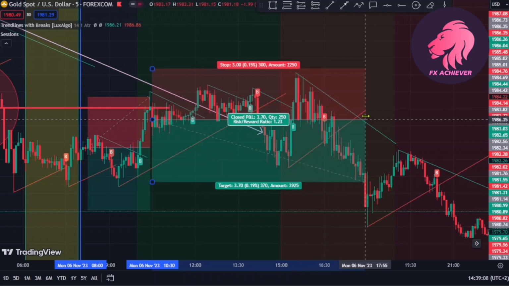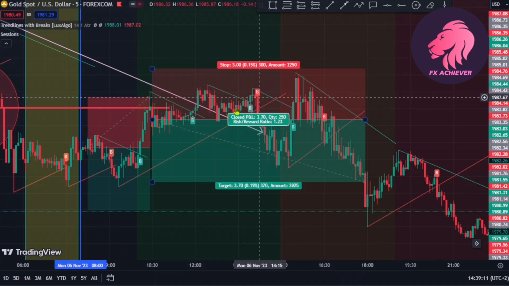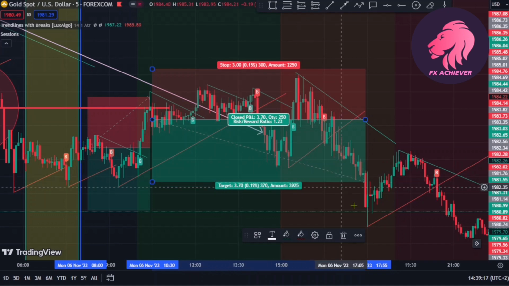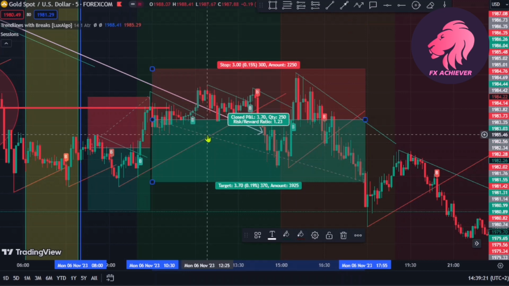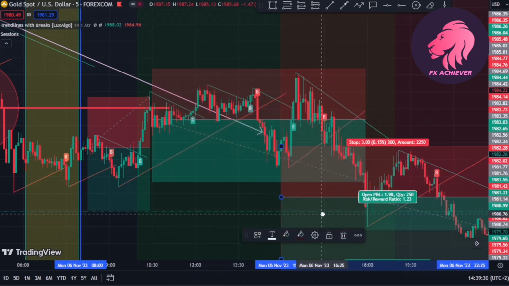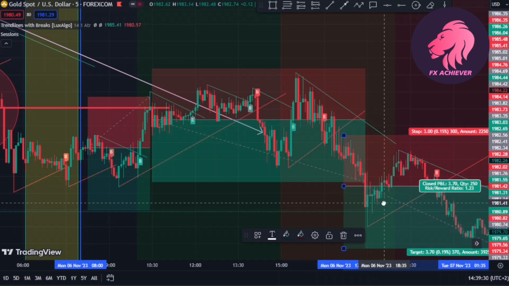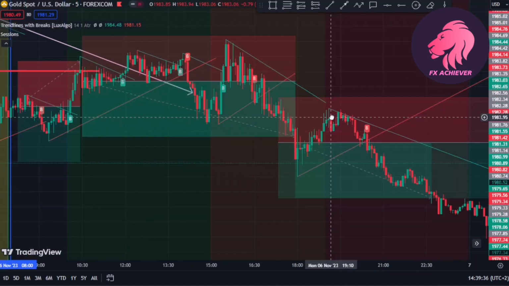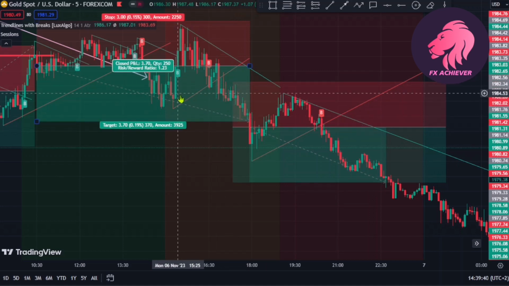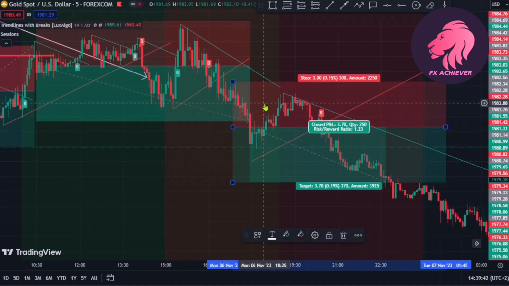So as soon as I get a profitable trade, I immediately go for a continuation. Actually, as soon as I enter a trade like this, the first thing that I do is put in a sell stop, a stop order, so that whenever I hit TP, the stop order is there.